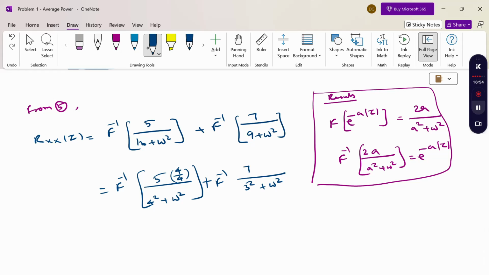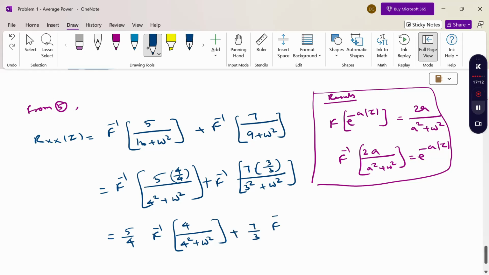Therefore 7 into 3 by 3, multiply 3 divide 3. Now the constant 5 by 4, Fourier inverse of 4 by 4 square plus omega square, plus 7 by 3, Fourier inverse of 3 by 3 square plus omega square.